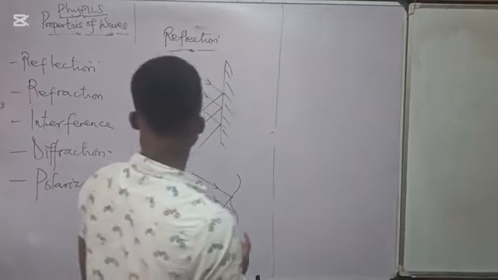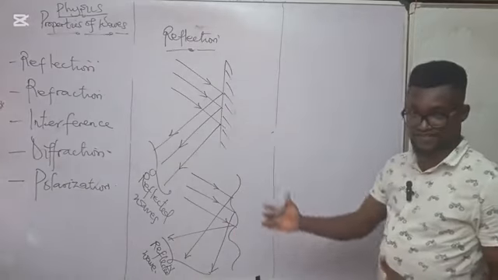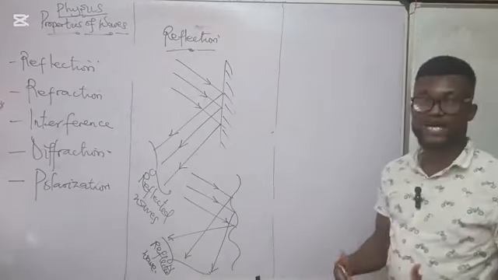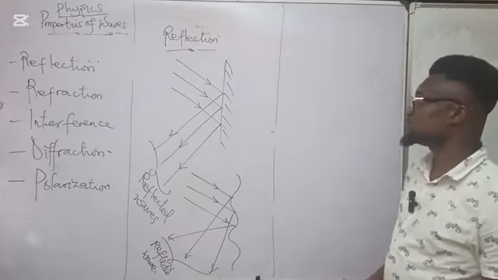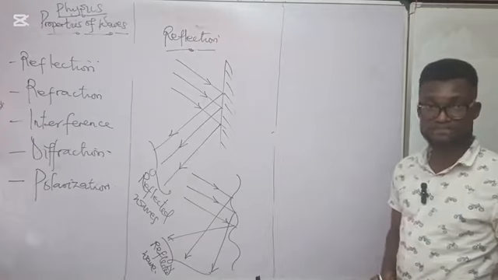Now, coming to this reflection, we've seen the rays, and that tells us that we have types of rays. So we can classify rays under reflection into 3 parts.